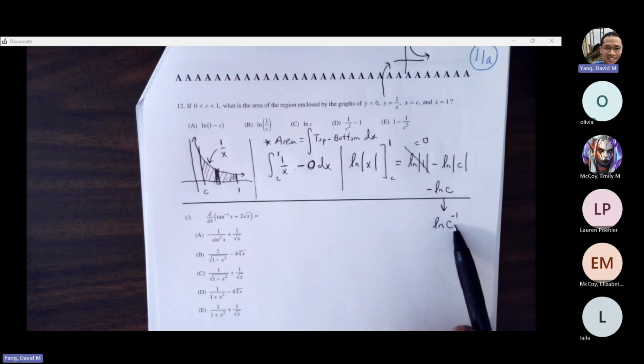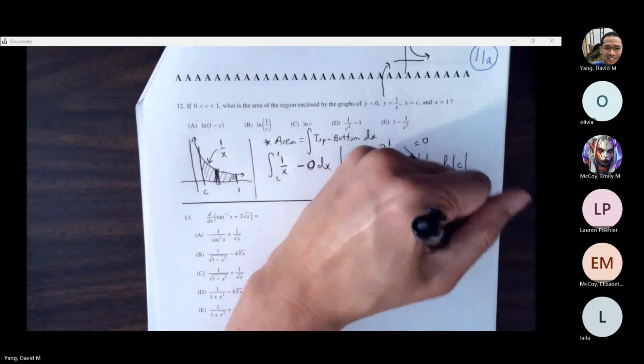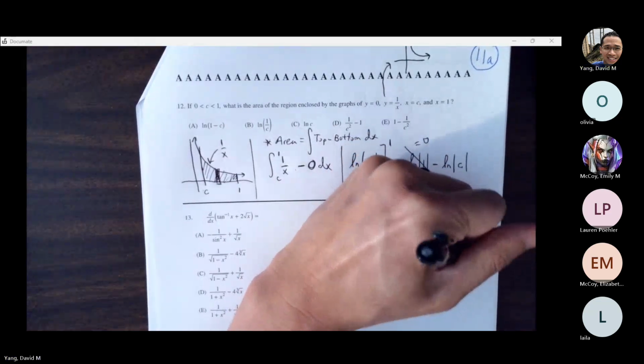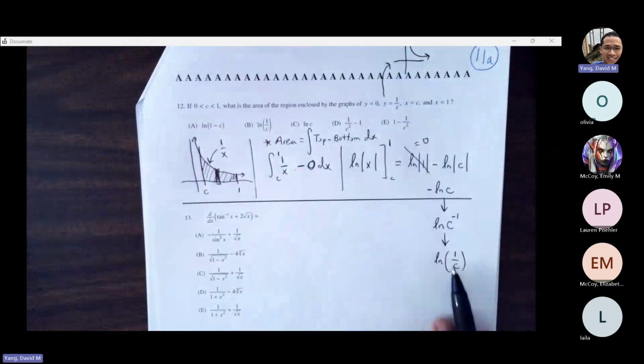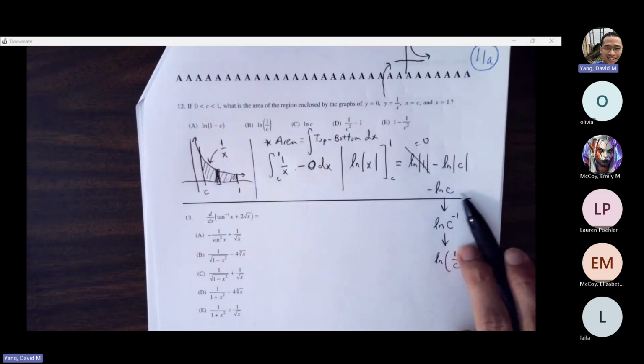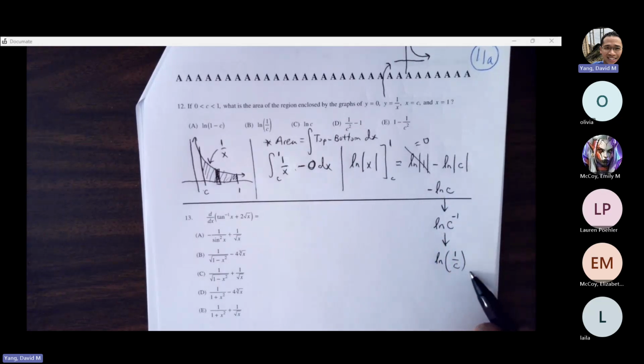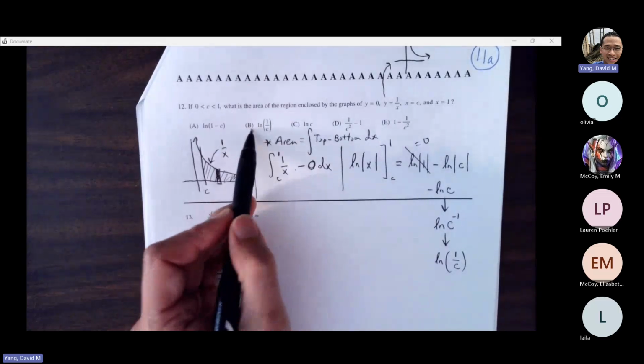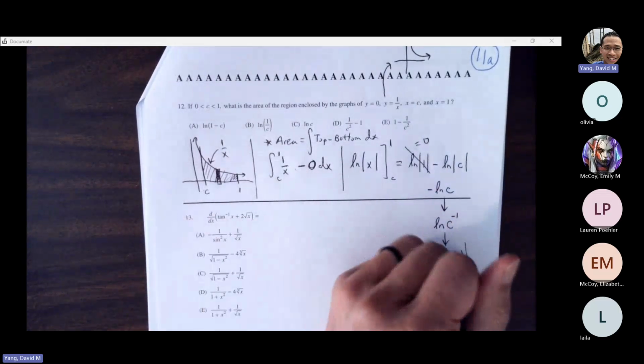C to -1 is the same thing as 1 over c. So I can write it this way. So this is probably the way that we're going to be getting to, having to play with these log properties in a way that can get us to the answer choice that they're providing us.